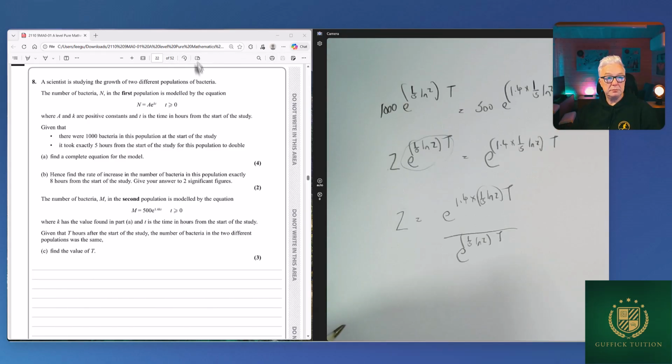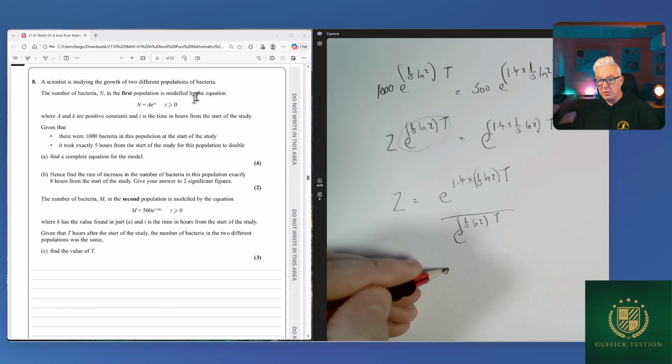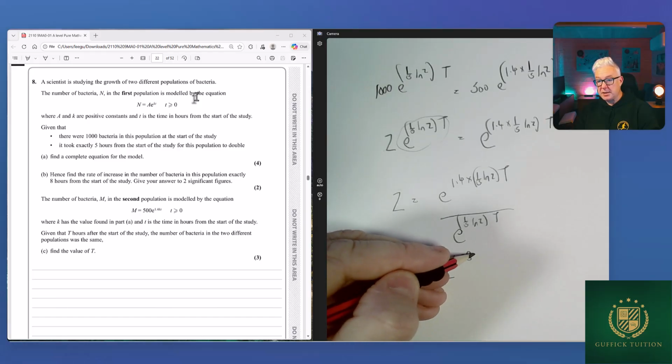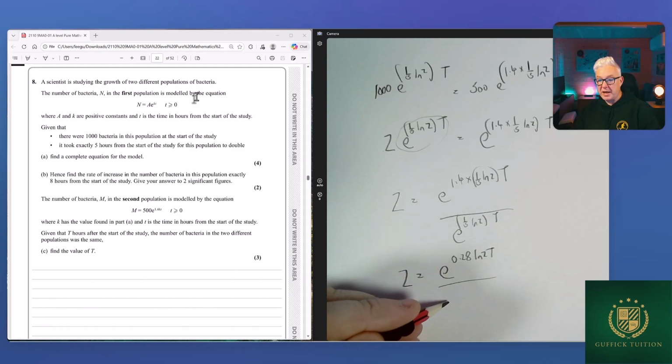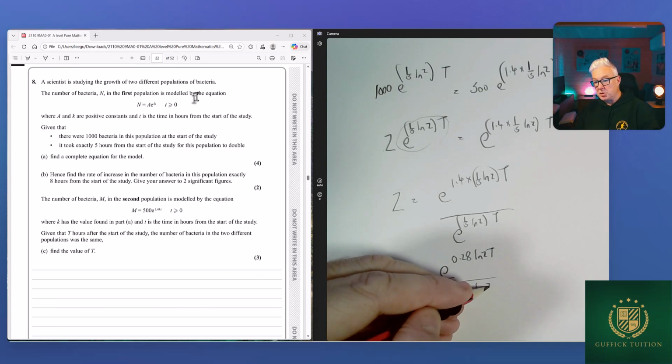Now, this can be written as 2 is equal to e to the 1.4 times 1/5, which is the same as 1.4 times 0.2, and that is 0.28 ln2t. And then here, 1/5 is the same as 0.2, so that's e to the 0.2 ln2t.